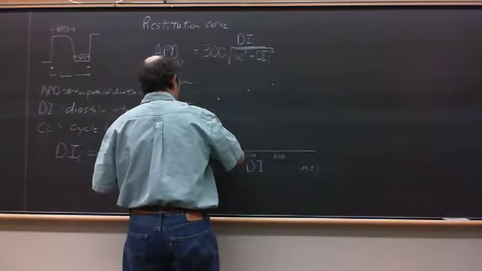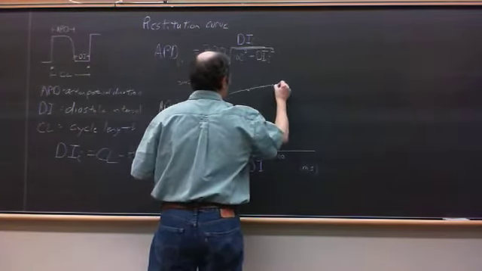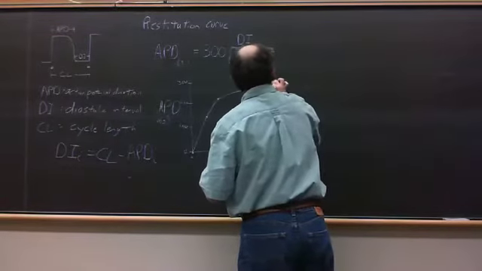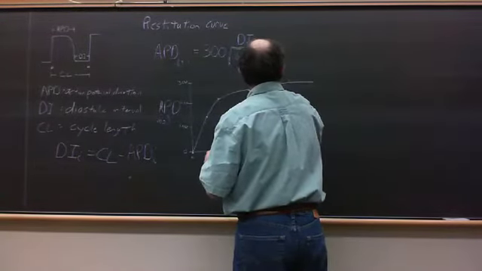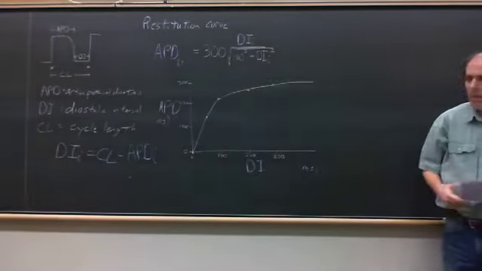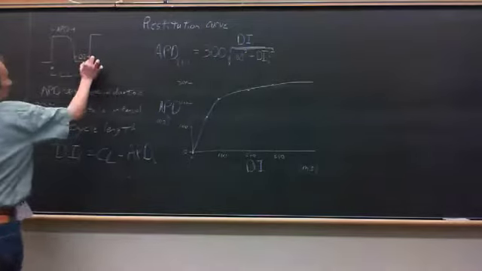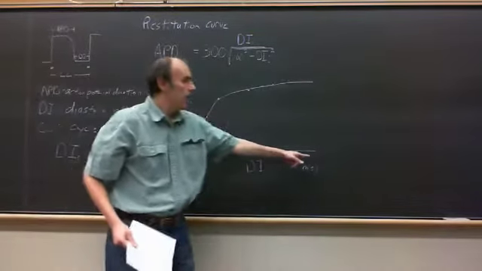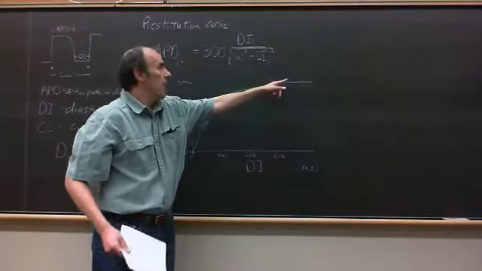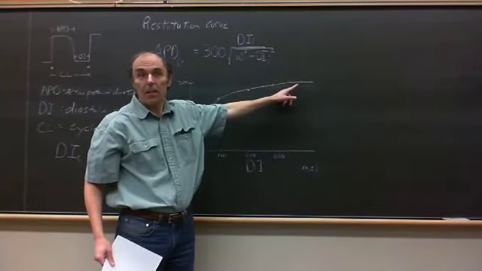So here's your restitution curve. It's heading up towards this dashed line. So all this says is if you tell me that the diastolic interval is very short, then the next action potential is going to be very short. And if you tell me the diastolic interval is very long, the next action potential is going to be about 300 milliseconds.